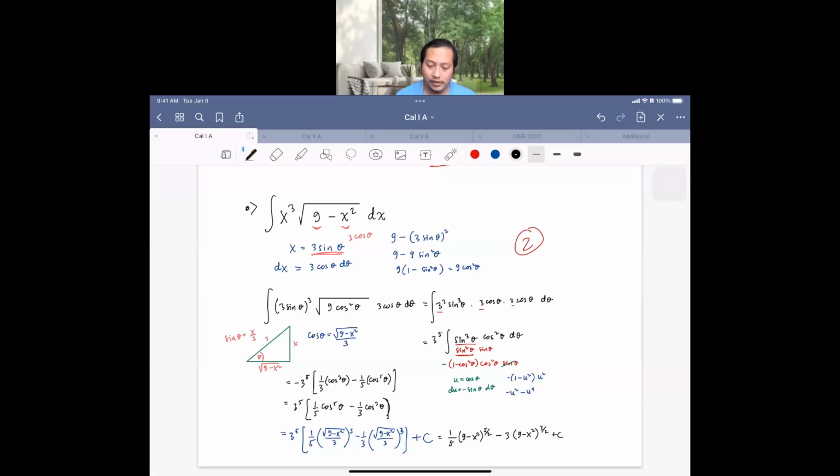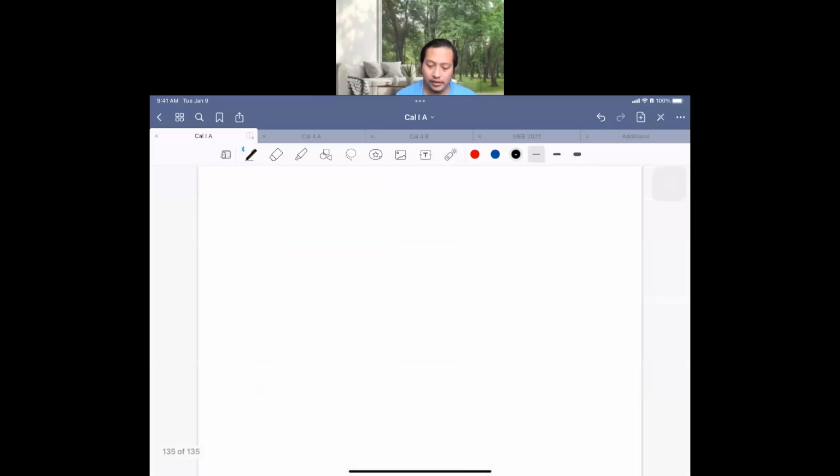Okay, let me go through the next section. We are going to have the third case. I'll just give you directly the examples and see how we can use some substitutions for trigonometric functions directly.